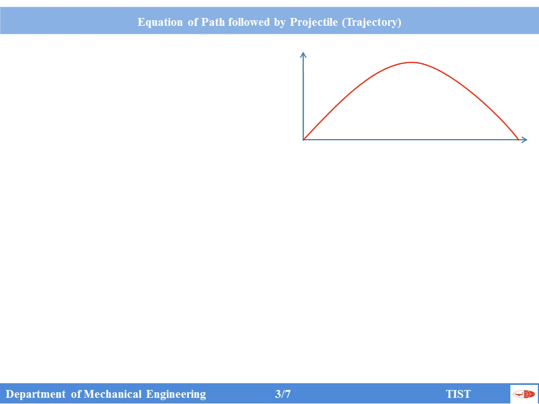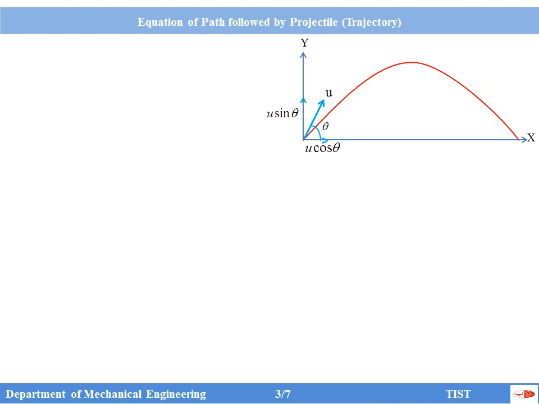So x and y axes, the red curve represents the projectile motion, and we are given an initial velocity u, and it has u cos theta and u sin theta components. Now you should remember the velocity at any point on the trajectory is along the tangent at that point. So u is actually the tangent of the trajectory at the origin.